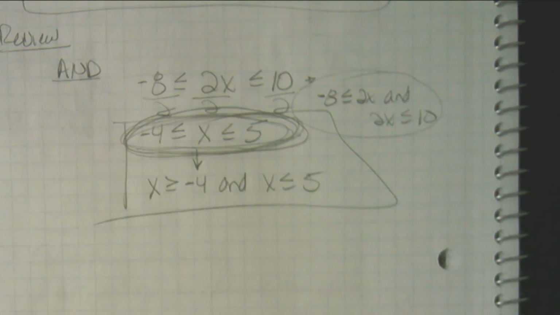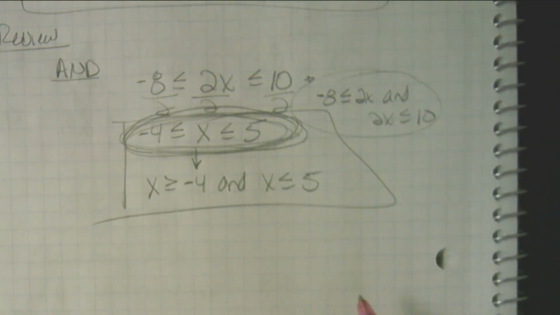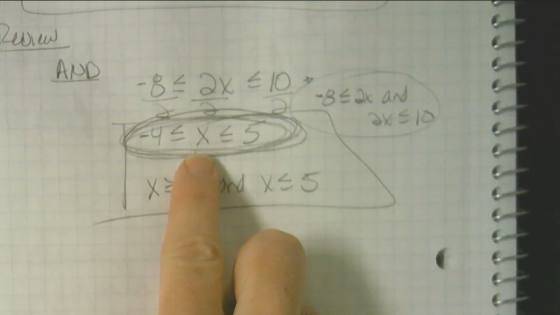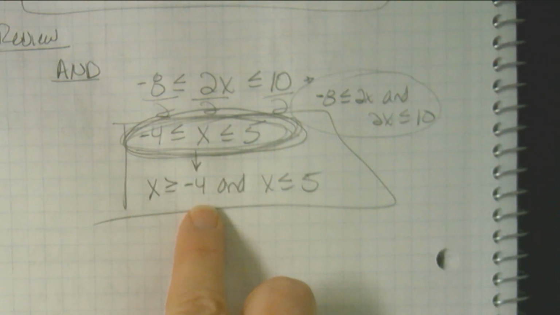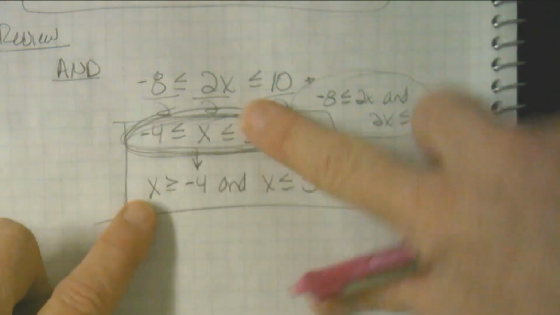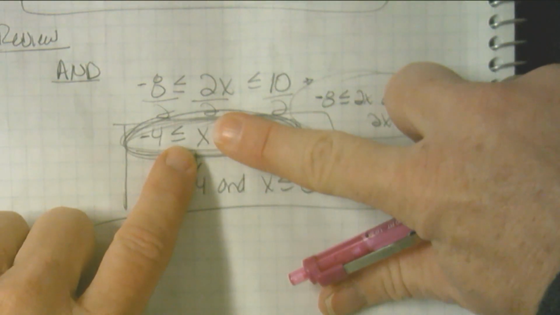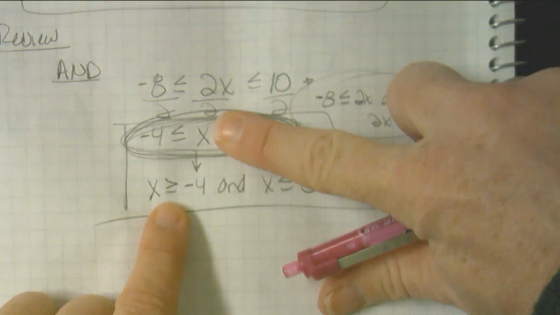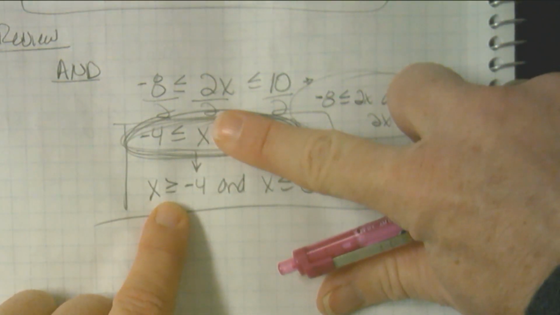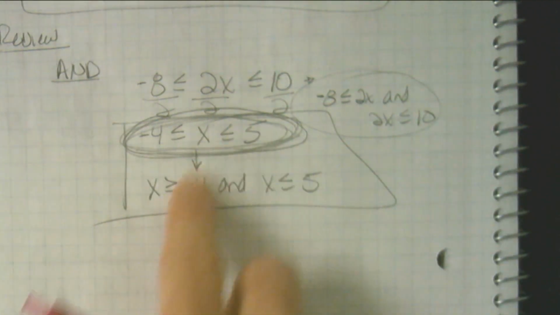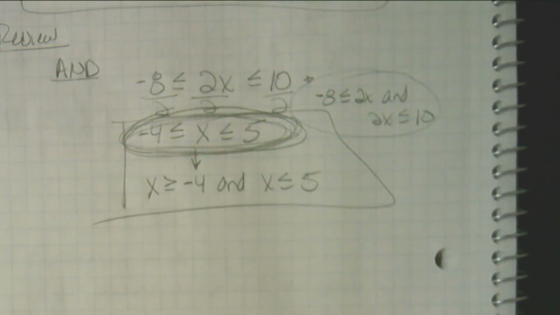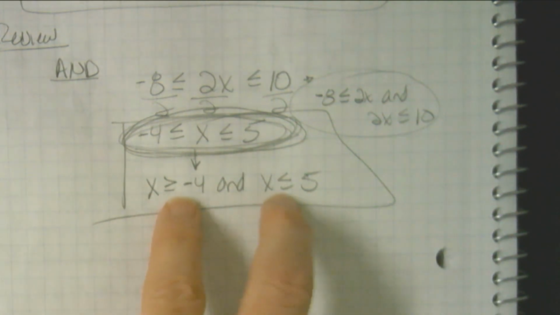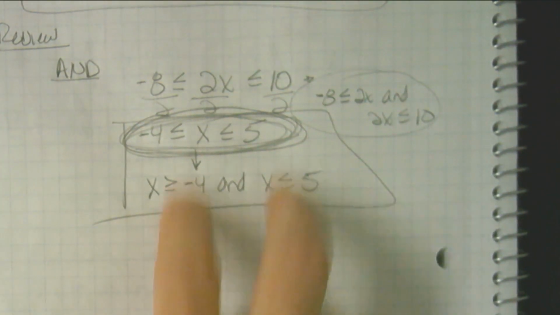I don't understand your question. Isn't x greater than negative 4 here? I just changed the order because I wanted the x to come first when I wrote it. I don't want you writing it this way. I'm just saying that's what this means.